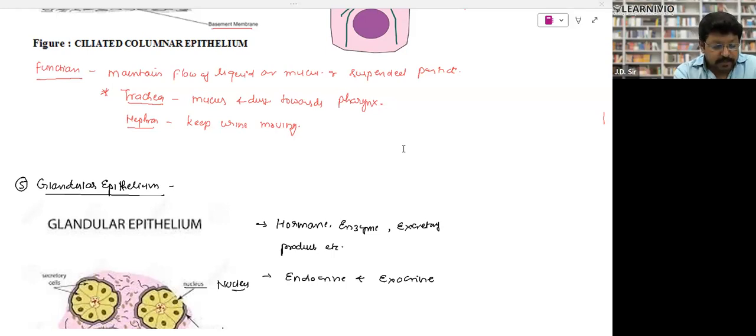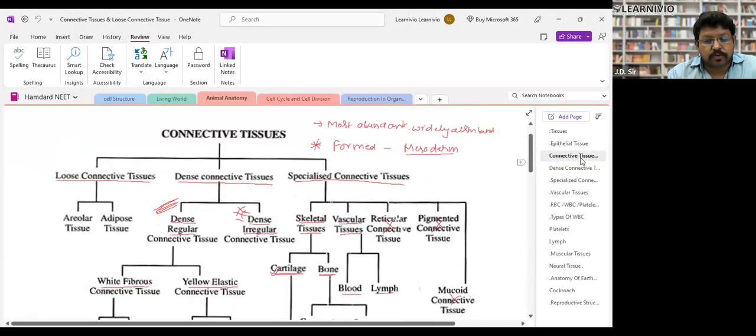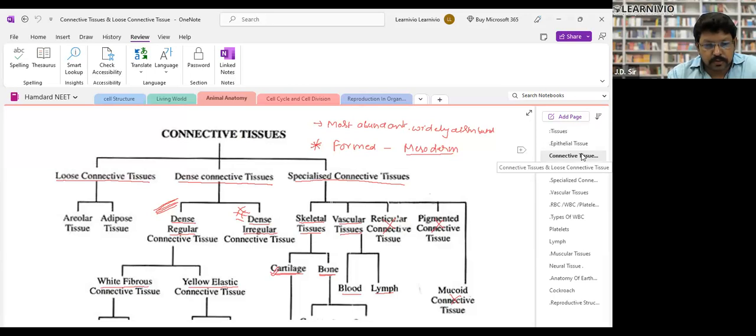So the next type of tissue is connective.